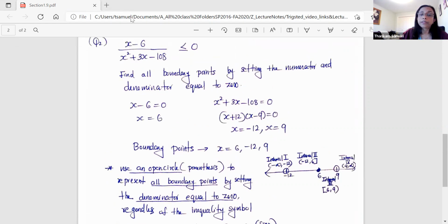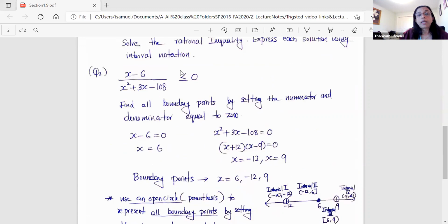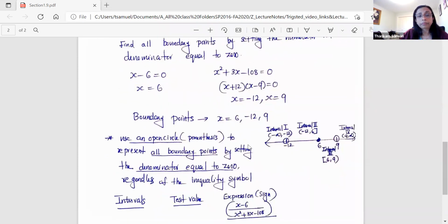In this case, you can use a bracket for the boundary point in the numerator. And if the inequality contains only an inequality sign like less than or greater than, you can always use parentheses for all the boundary points in the numerator and the denominator. Hope you got this point.